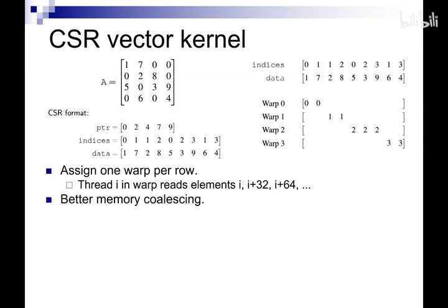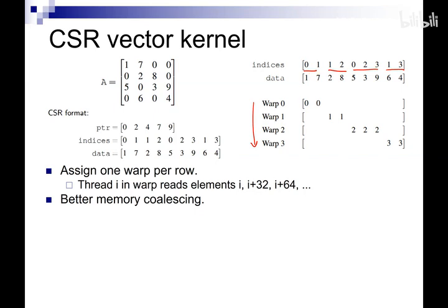Now let's first look at the memory access pattern. Let's assume you have a bunch of warps like this. We're going to assign the first warp to process row 0. This is row 0 over here, this is all stuff for row 1, row 2, and then row 3.